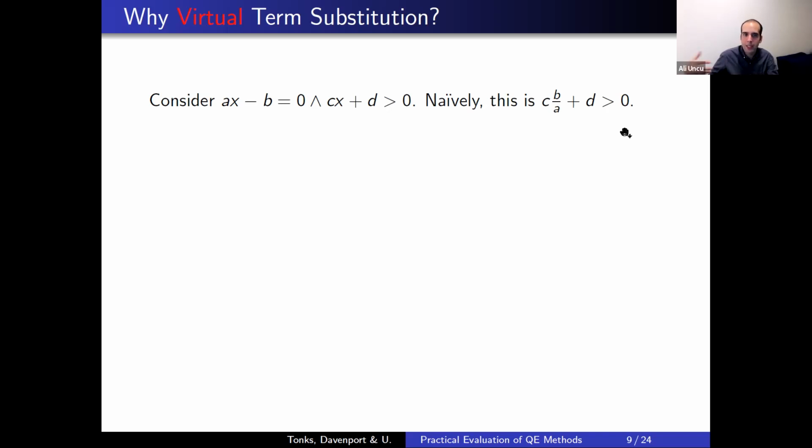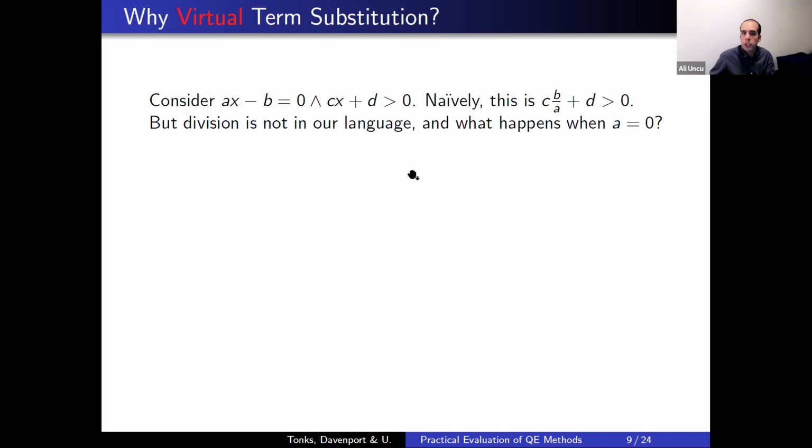But in our language, when we're using integers, this division by a doesn't mean anything. Plus, we do not know what a is supposed to be as a variable. So there are so many things to consider. Division doesn't exist, and we don't know what happens when a is equal to 0. You can try to eliminate this problem in multiple ways.